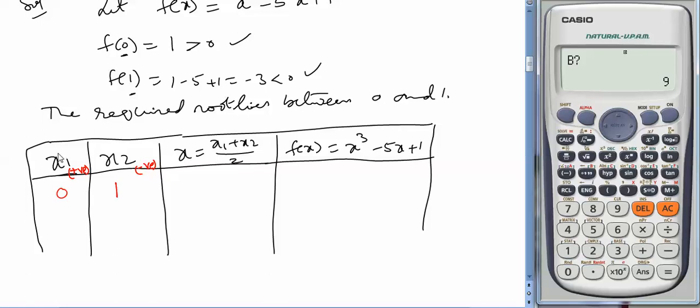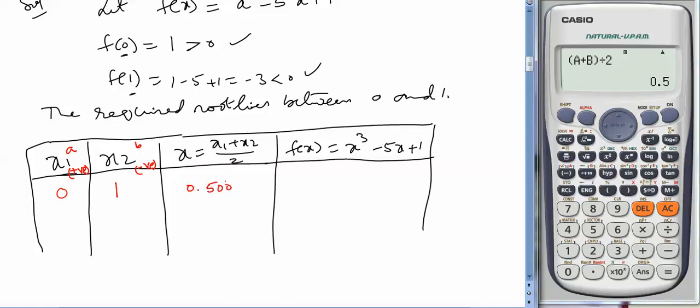I will take it as a and b just for understanding. B value is 1. Then press equals button, you will get 0.500. Fix 3 decimal places.